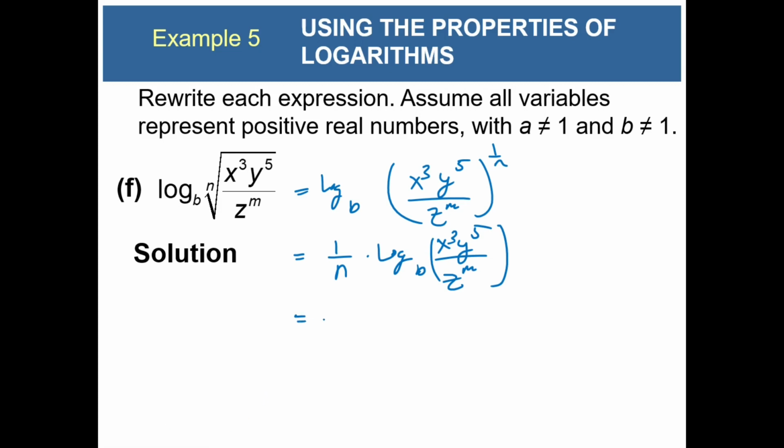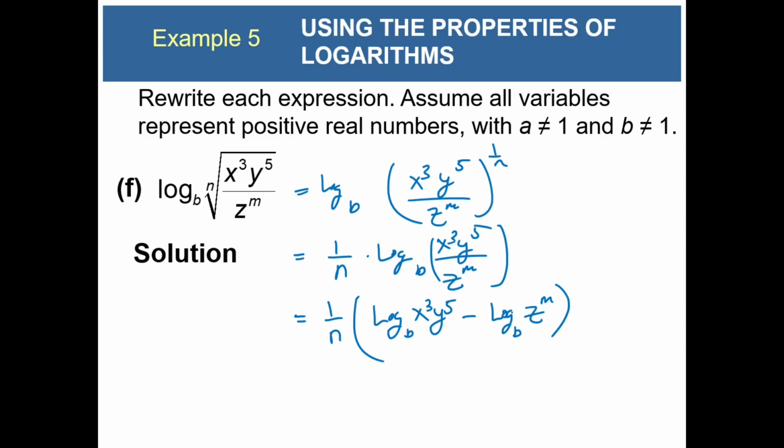So now we have this is equal to 1 over n, and we can use the quotient rule. 1 over n times log base b of x cubed y to the fifth minus log base b of z to the m. And now I can use the power rule for x cubed and y to the fifth in addition to the product rule.